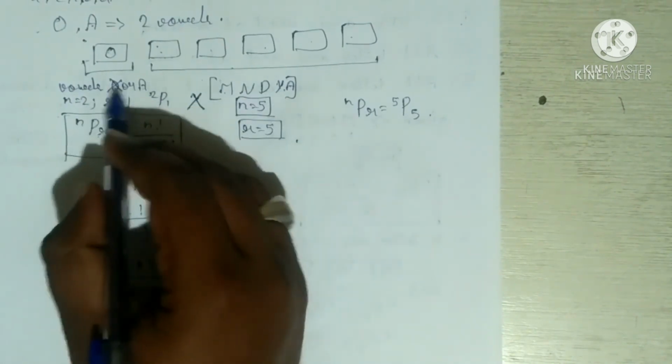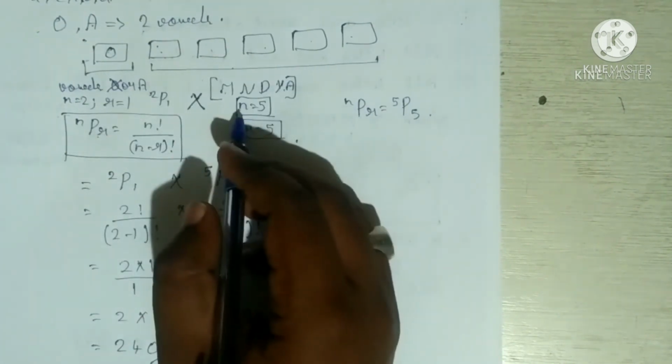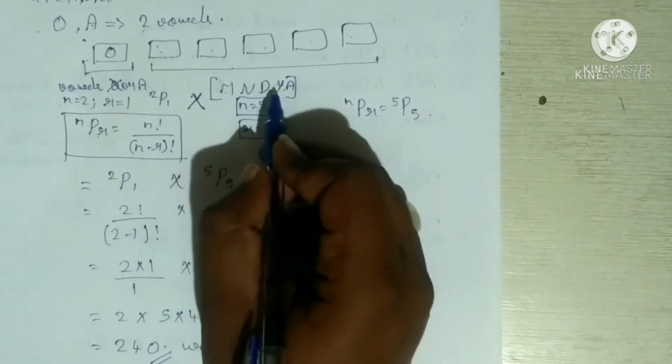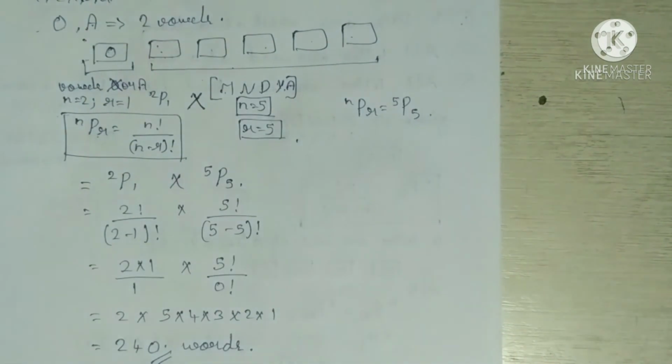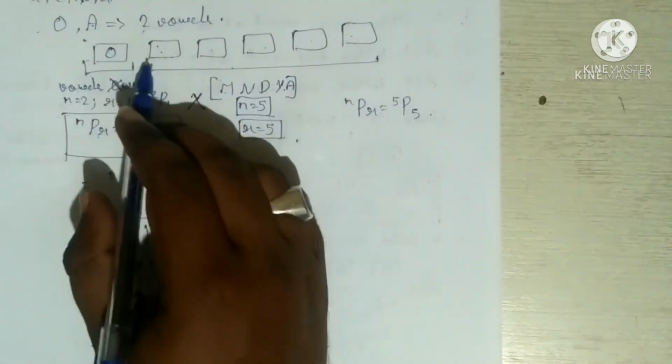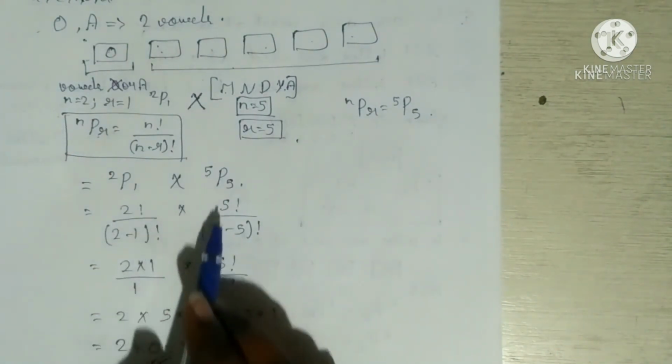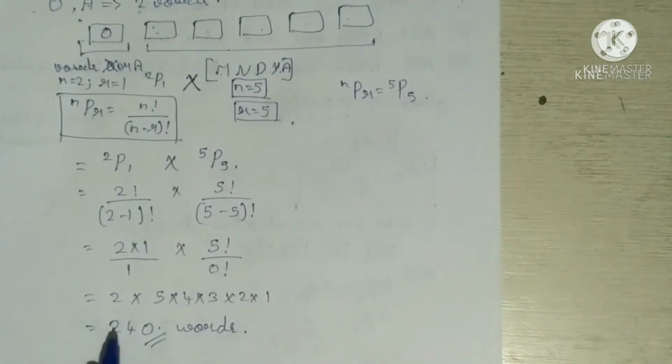If the first letter is gone, no letter should be repeated, so remove the O. MNDAY. n is equal to 5. We need to find 5 letters now, r is equal to 5. 2P1 into 5P5. You will get 240 words can be made.